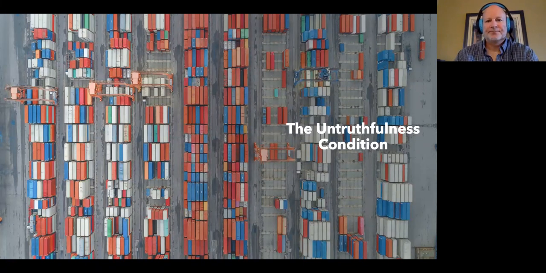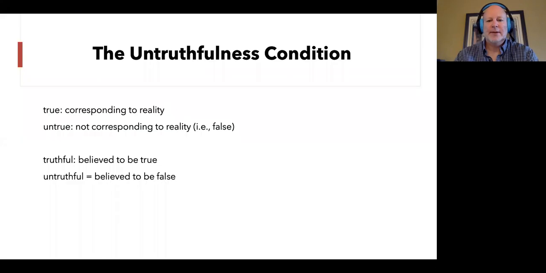So let's start with a pair of distinctions here, one of which you should be familiar with at this point in the course, and the other which will probably be new for you. The first distinction is between a proposition that's true versus a proposition that's untrue. This is something that we've talked about extensively already in the class.